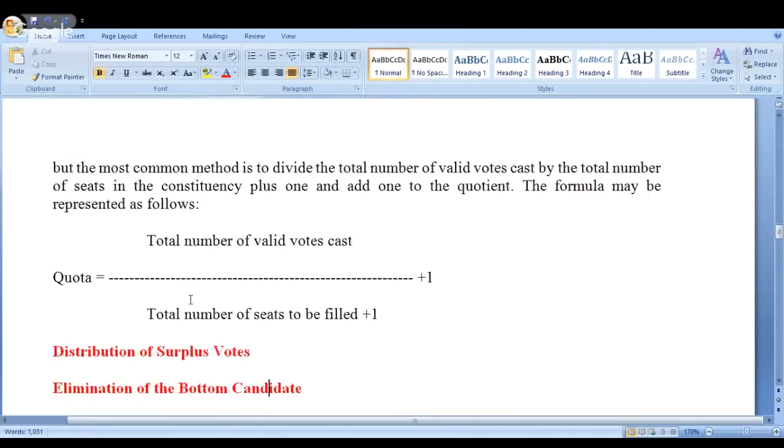Look at this. Now you need to calculate the quota. How do you calculate the quota? The quota will be calculated in this format: what is the total valid polled votes?